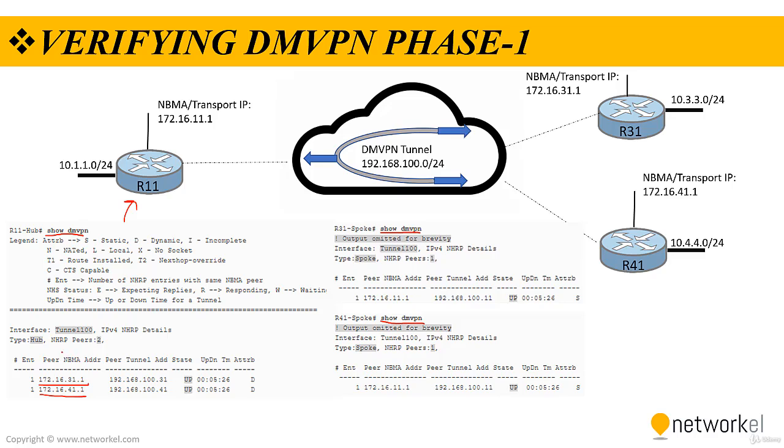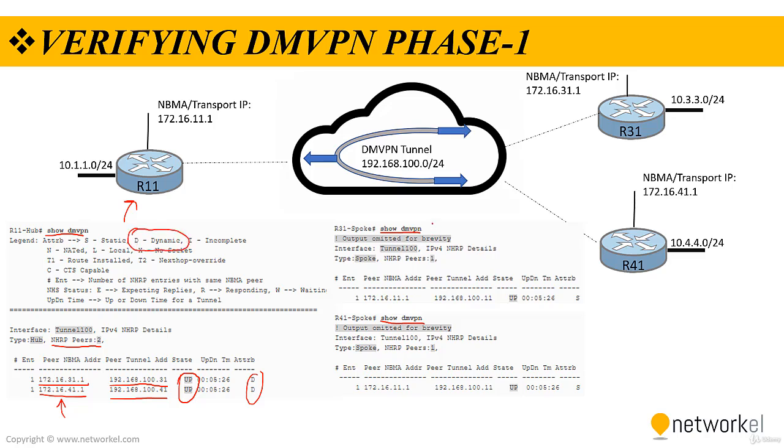These are our NHRP peers, and here are the peer MBMA addresses, and here are the peer tunnel addresses, .31 and .41 as we configured. The state is up for these DMVPN tunnels, and the attribute is D, which means dynamic.